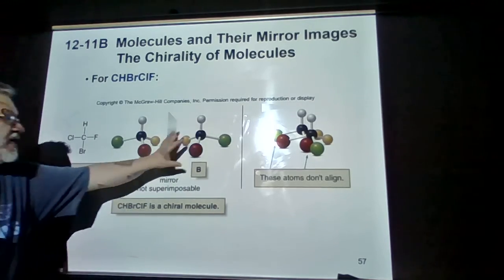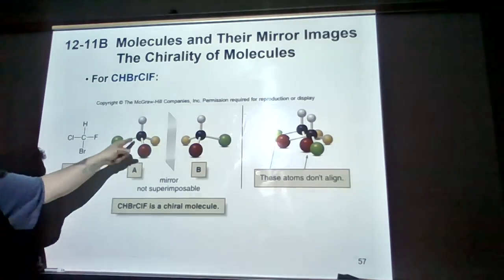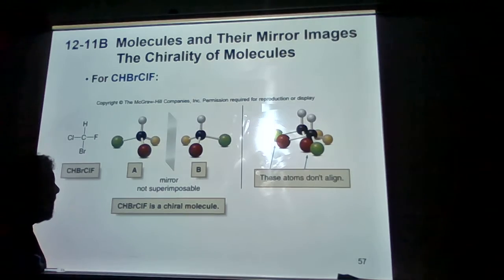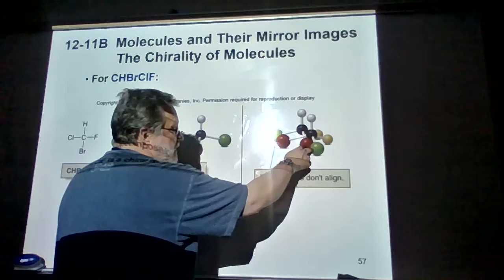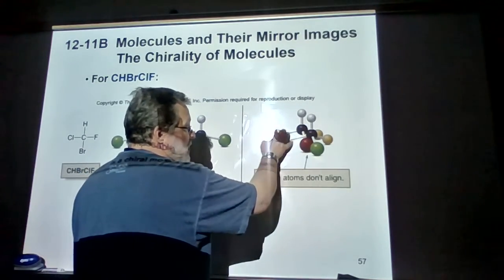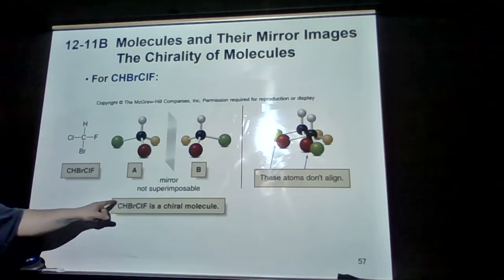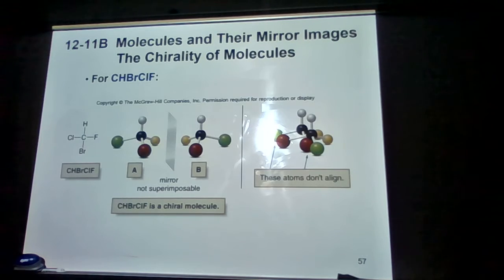There is no way that we can rotate this molecule such that everything here lines up there. If we match the yellow and the black, the red and the green don't match. But if we match up the red and the green, the whites and the yellows don't match. This means that it is a chiral molecule.